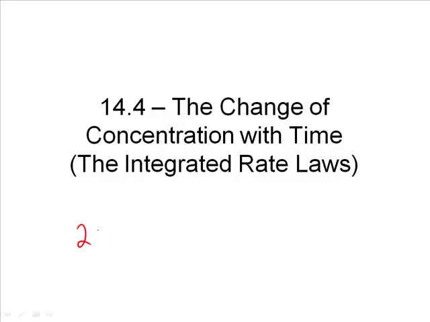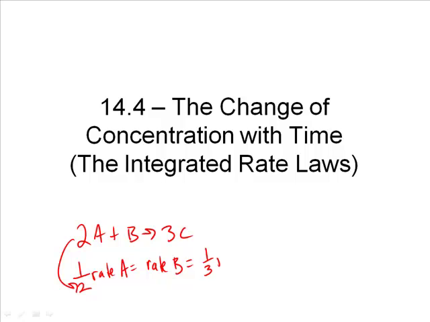Remember where you have 2A plus B makes 3C. You could say that 1/2 the rate of A equals 1 over 1 the rate of B, which is equal to 1/3 the rate of C.